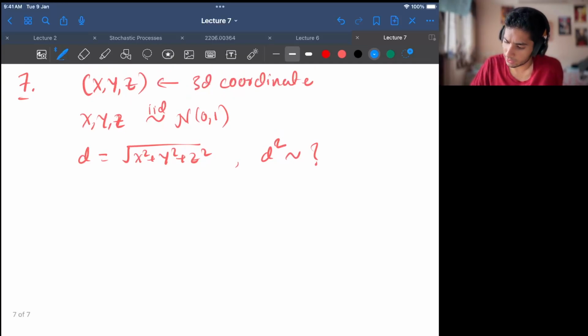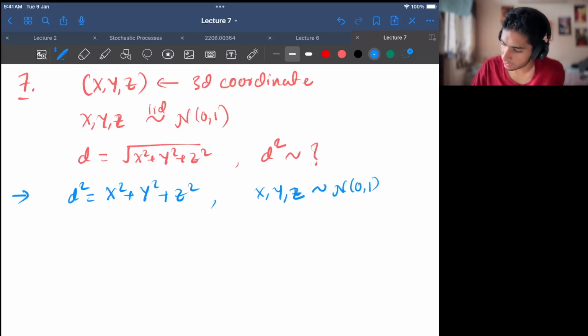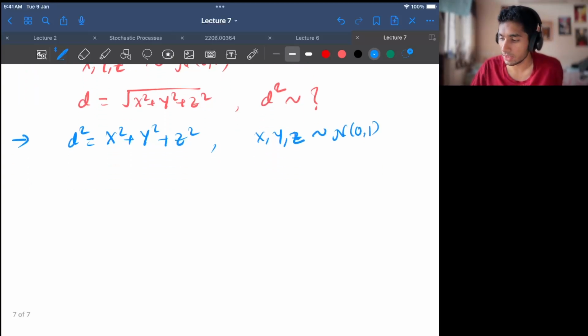Just remember what this is. d square will be equal to x square plus y square plus z square, right? And we know that x, y, and z are all normal 0, 1, so they are standard normal. The sum of squares of standard normal variables is distributed according to the chi-square distribution, right?